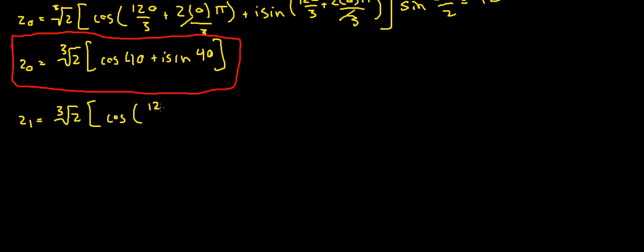I'm just going to write out everything again, well, I'm not going to write out n, but I'm just going to write out the 3, just to remember what the formula looks like. So 2 times 1 now, pi.